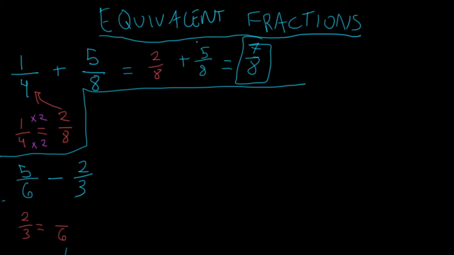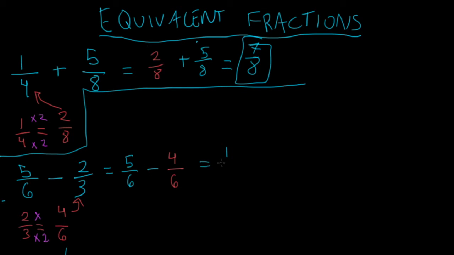So how do we get from there to there? Well, we need to multiply 3 times 2 and 2 times 2. So 2 times 2 is 4. So that means 4/6 is the same as 2/3, so we can replace that. All right, so our new problem will be 5/6 minus 4/6. Again, we just took 2/3 and replaced it with 4 out of 6.